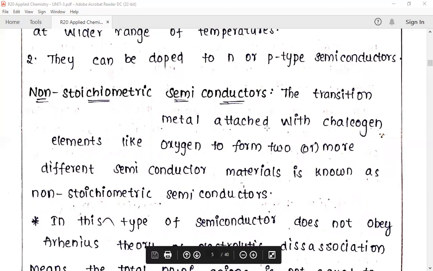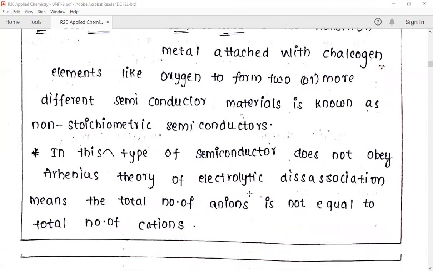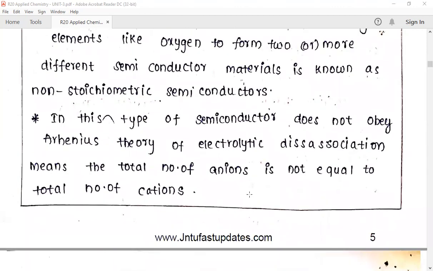That means the metal attached with chalcogen elements like oxygen to form two or more different semiconductor materials is known as non-stoichiometric semiconductors. This type of semiconductor does not obey the Arrhenius theory of electrolytic dissociation.